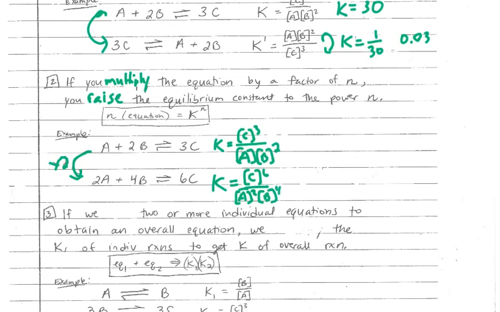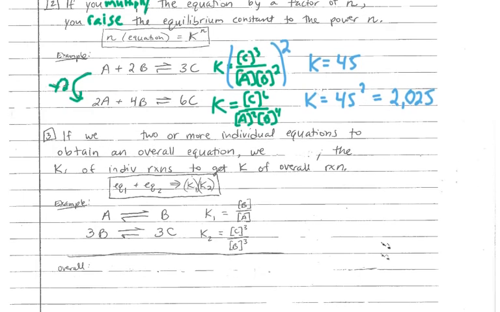Notice that all we did was take this equation here and square it to get this equation down here. In other words, we squared K. So if this had a value of 45, then this one would have a value of 45 squared, which is 2025.